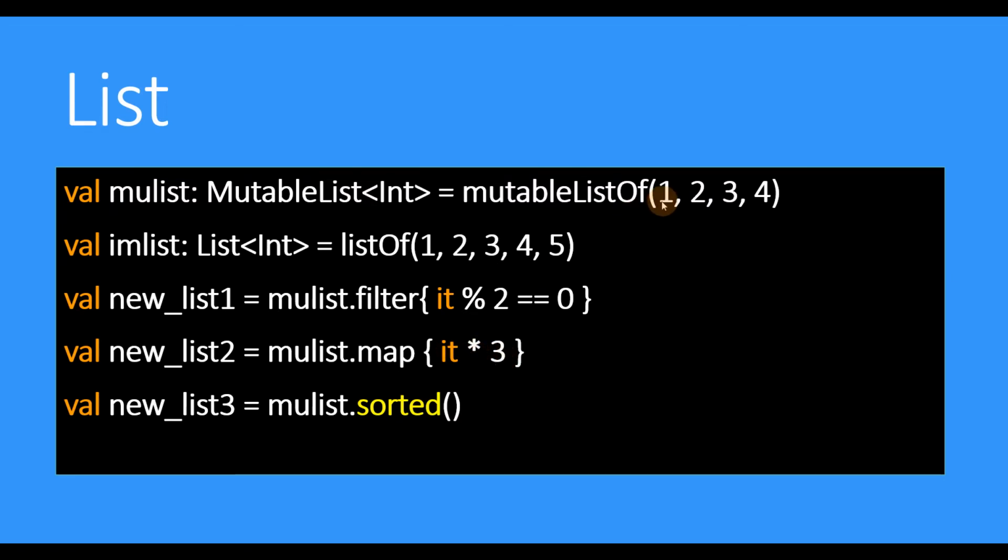So we are tripling the numbers, each element of the mutable list. So in this case, instead of 1 2 3 4, we will have 3 6 9 12. And then sorted is for sorting the list.